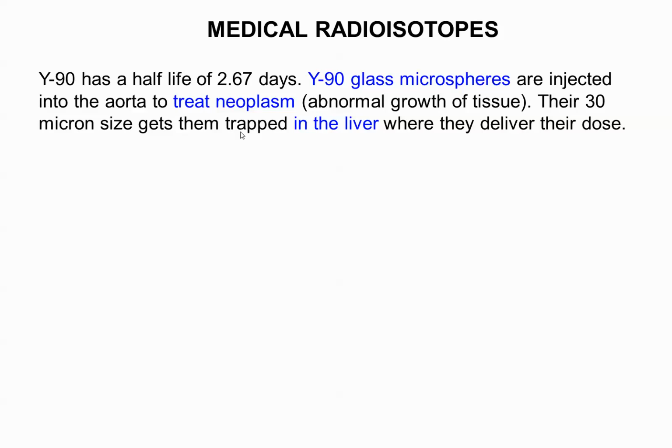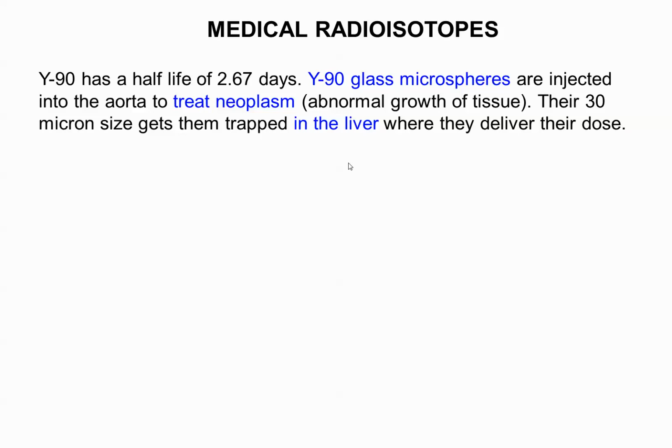Let's say some other medical radioisotopes. Yttrium-90 glass microspheres are injected into the bloodstream to treat neoplasm. These are abnormal growth of tissue. These microspheres are some 30 micron in size. They get trapped in the liver, where they deliver their dose.